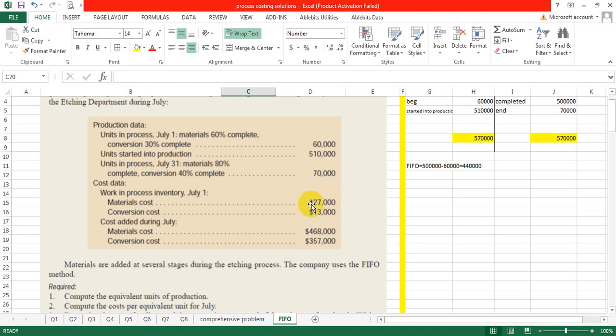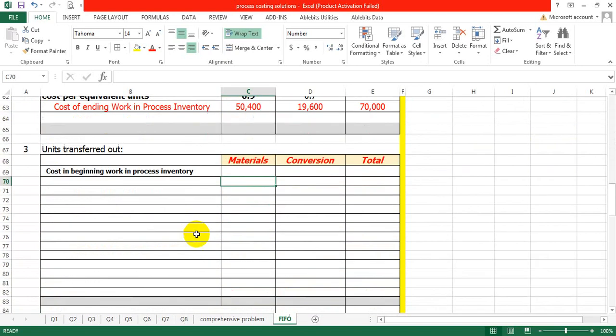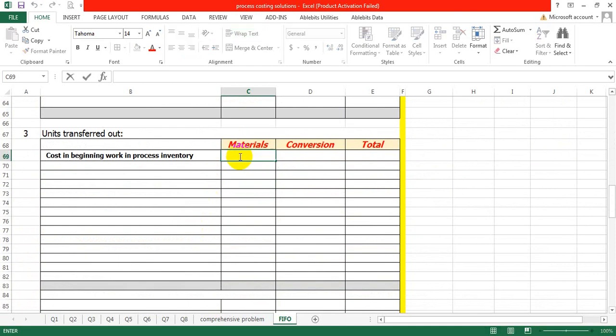So we will take these values, 27 and 13. My total is 40,000, 13 plus 27. So the cost in beginning WIP inventory is 40,000.